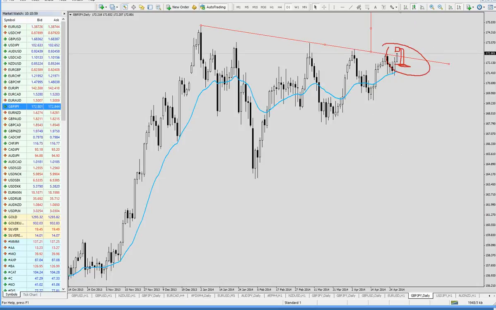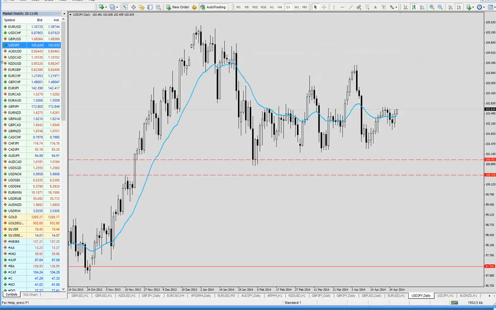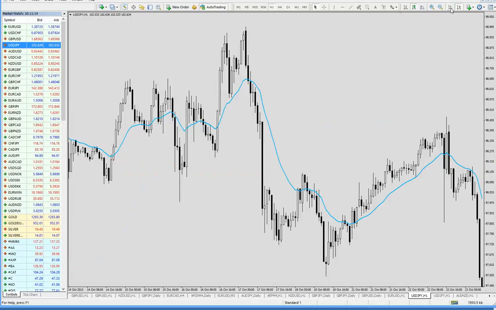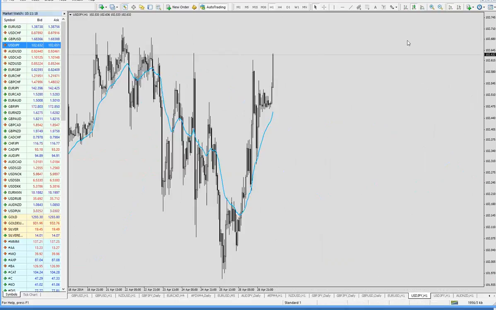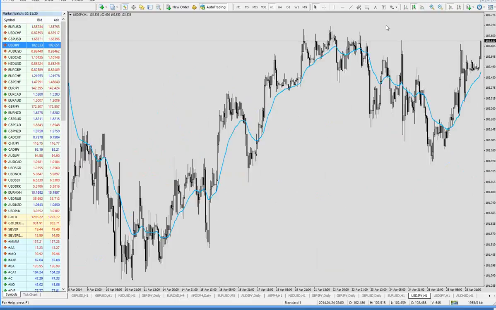But for sure, Japanese crosses are worth watching right now, because it could be like, and here we have, but we didn't make a pullback, so here I'm not long, but we are approaching the 102.70 resistance, so that's why I was trying to avoid buying 126.